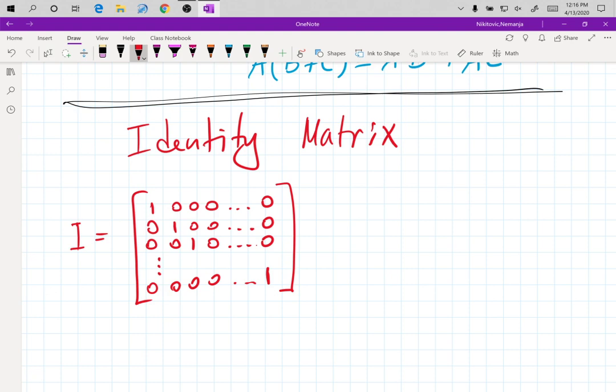So identity matrix has the following properties. It's always a square matrix.